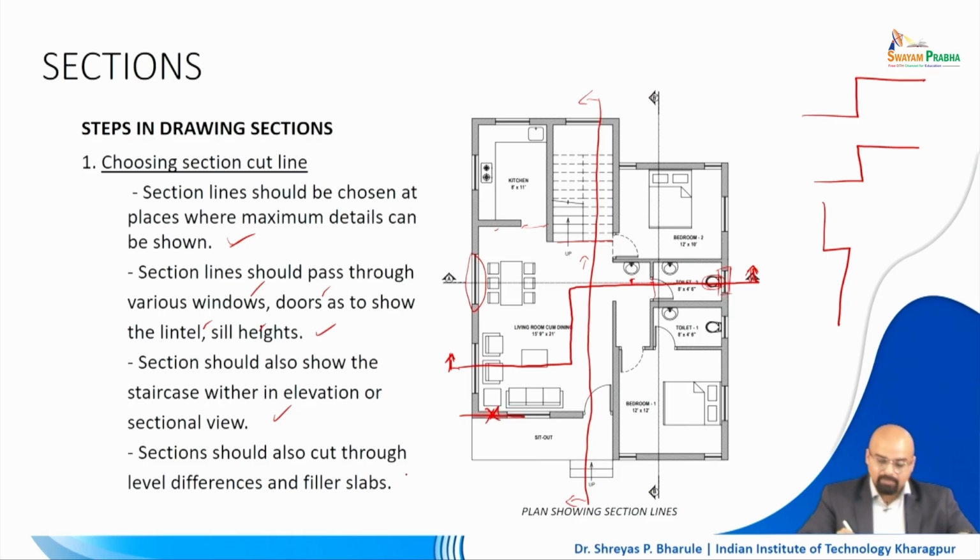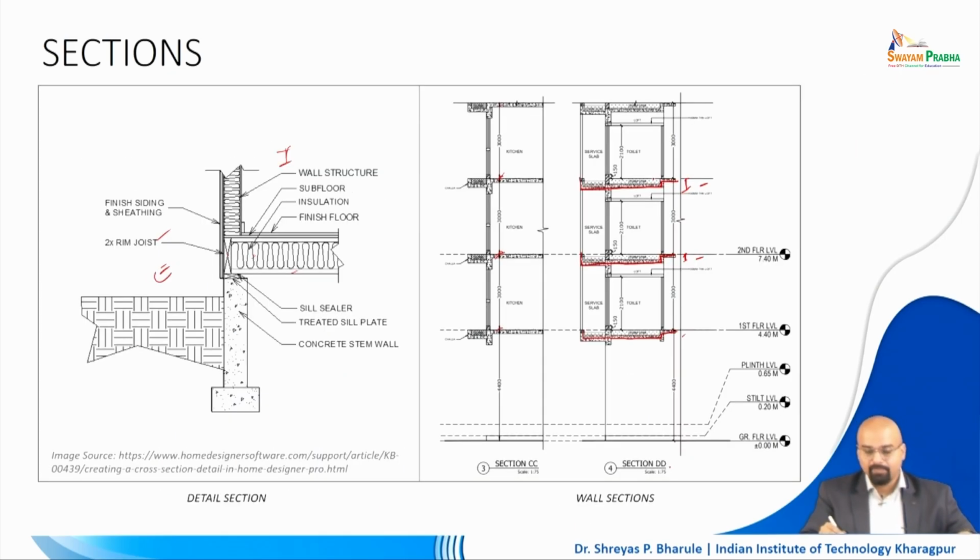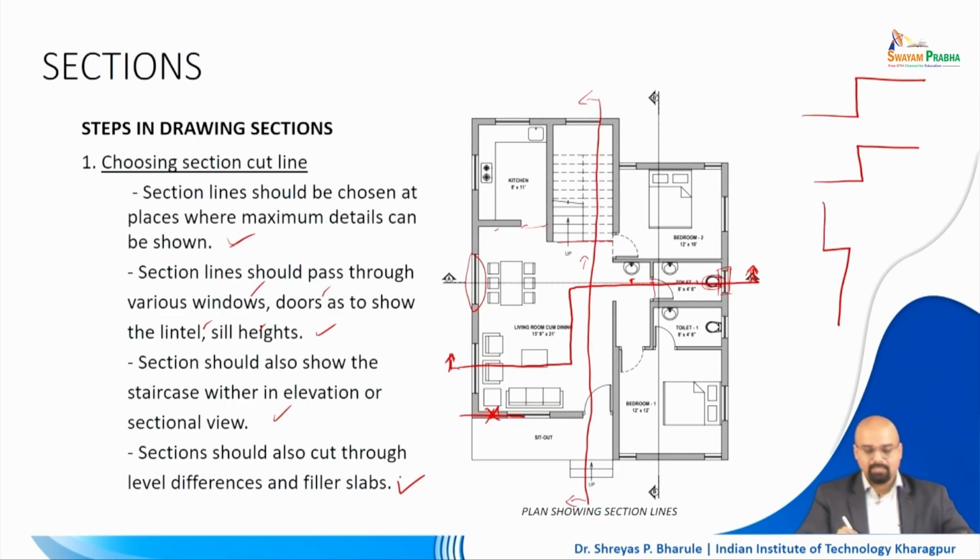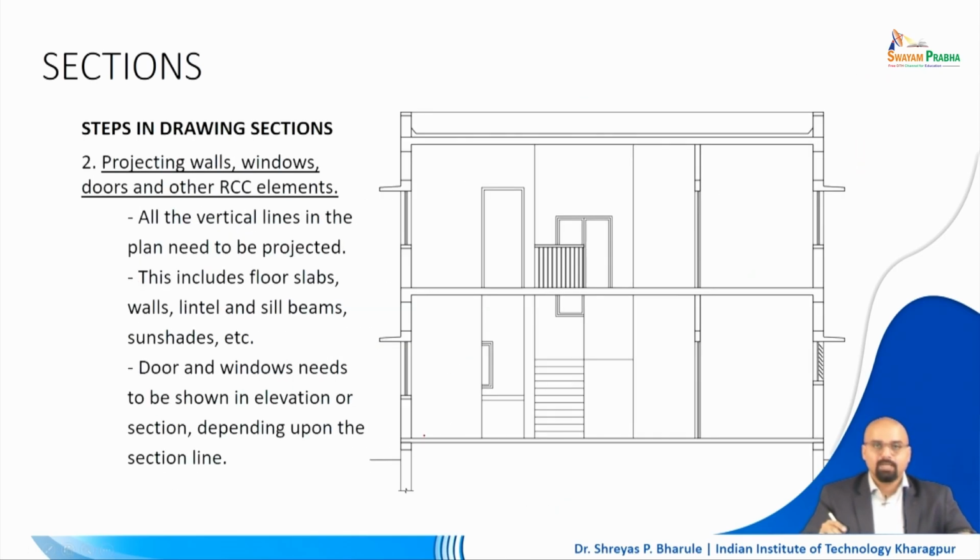Along with this, a section should also cut through the level differences of the filler slab, as we talked about earlier in this example. That is another thing which is mentioned here.